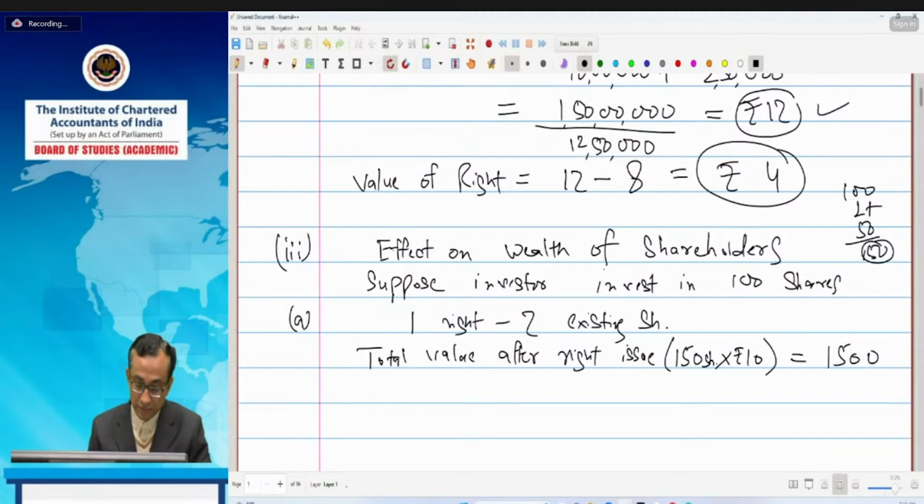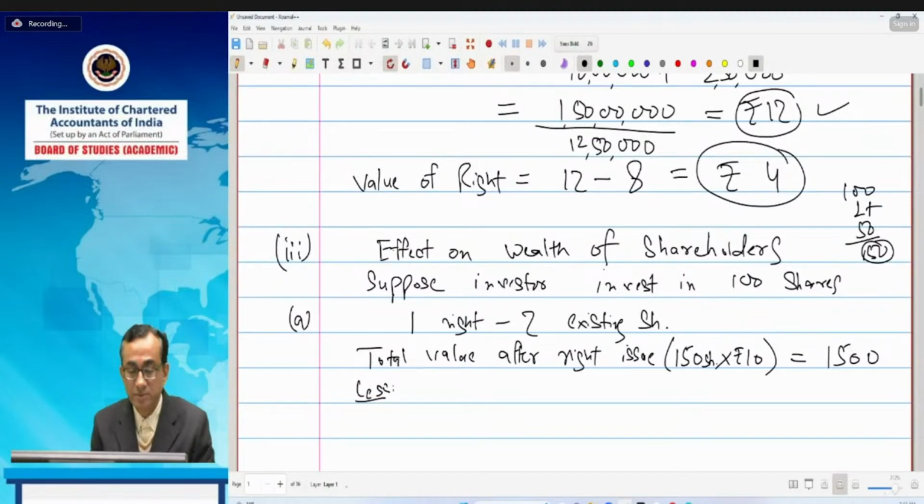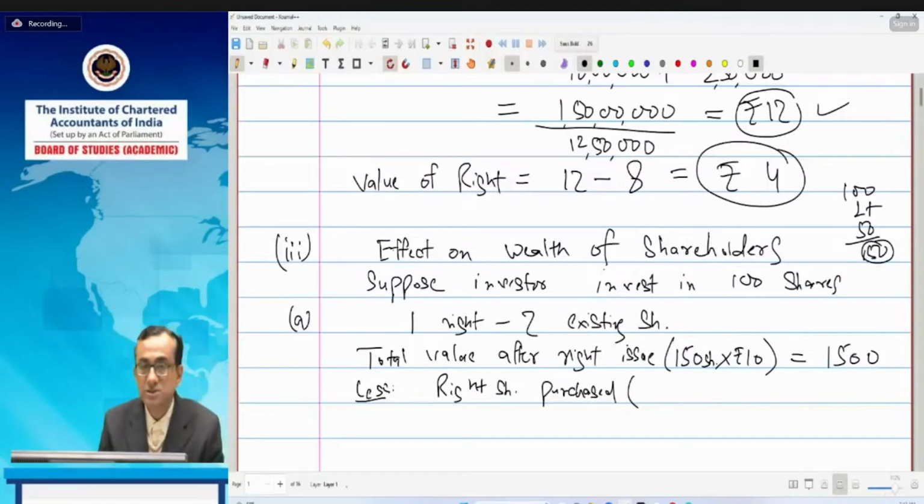The purchase acquisition price borne by the investor should be deducted. So less the right shares purchased, number of right shares 50, because for 100 existing shares, 50 shares have been issued to him.